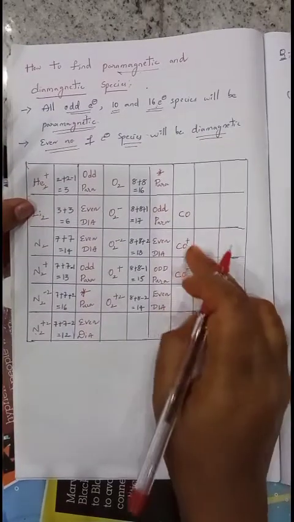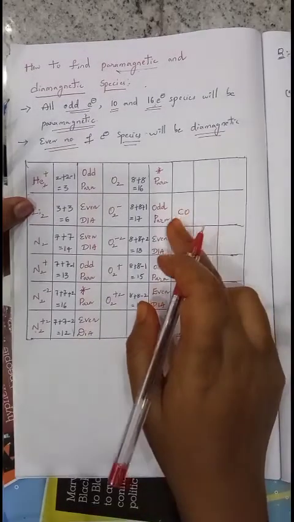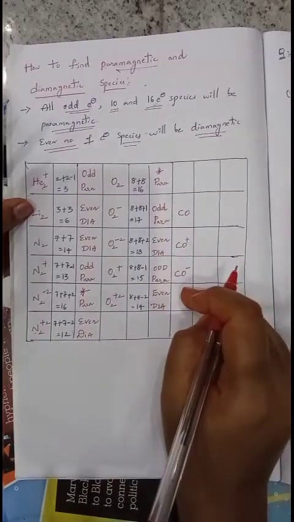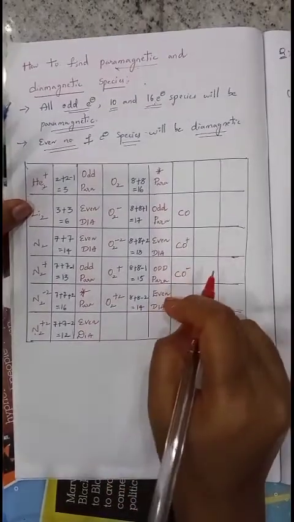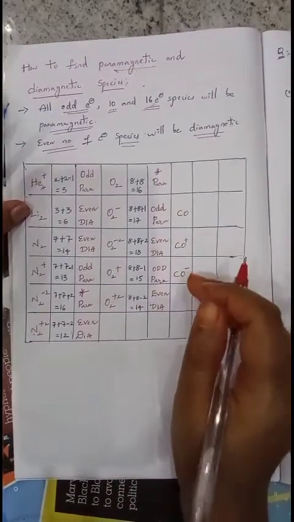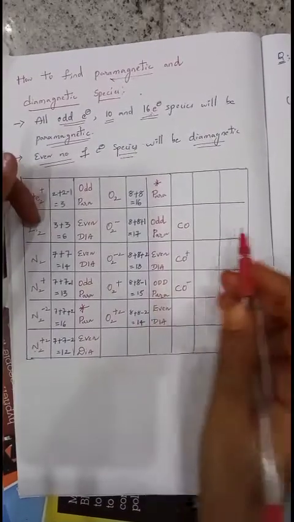Now we'll see about these heteronuclear compounds. So that means these 3 molecules are made up of 2 different types of atoms, carbon and oxygen. Okay, now we want to find out the magnetic behavior even for these molecules. So first, CO, carbon monoxide.